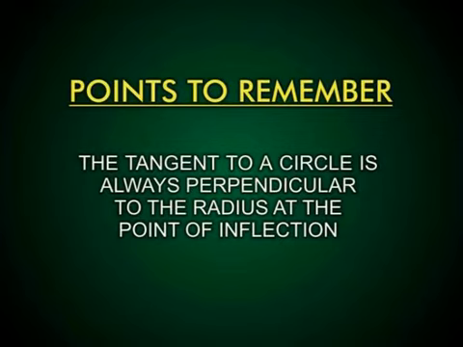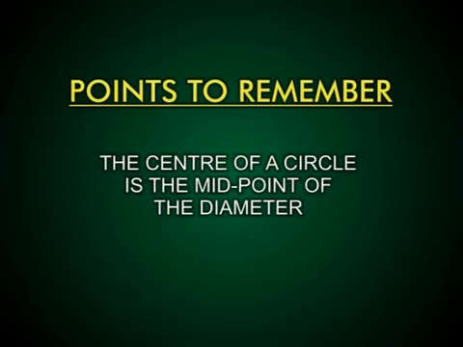The second thing that I want you to keep in mind is that the center of a circle is always the midpoint of the diameter. You will remember from much of your previous maths work that the diameter is double the radius. Hence, the midpoint of the diameter will give us the center of the circle.